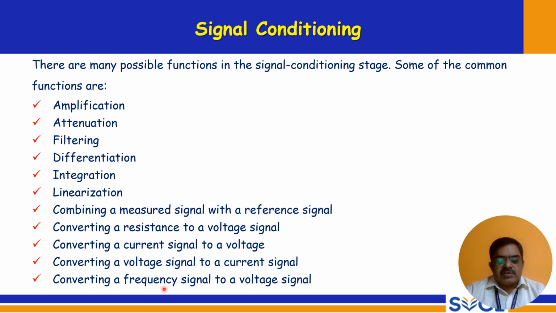These are a few very important processes. Apart from these, we have other processes also, but we are going to see a few important concepts like amplification, filtering, A to D conversion, D to A conversion, and sample and hold circuits. These basic signal conditioning processes we are going to discuss in this unit.